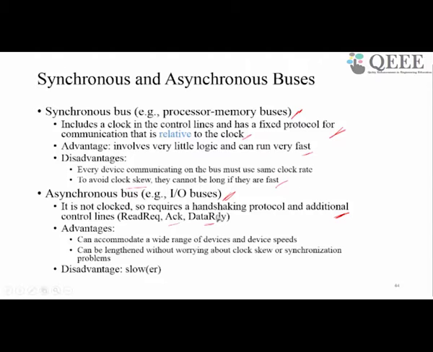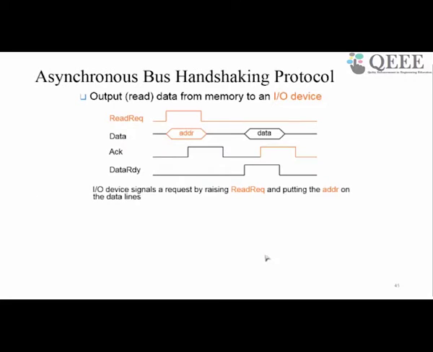So these handshaking signals make the devices slower. But it can accommodate a wide variety of devices of varying speed, and the distance between the master and the slaves can be very large because there is no clock skew problem in this case.